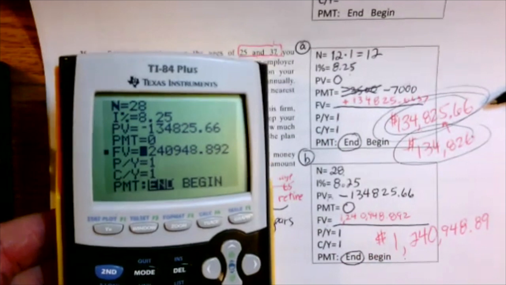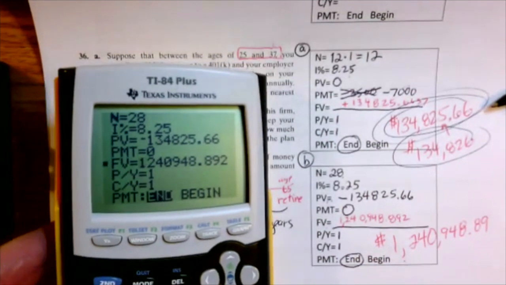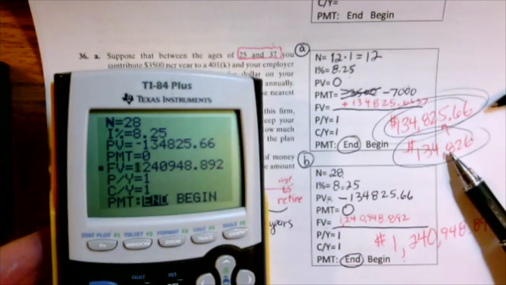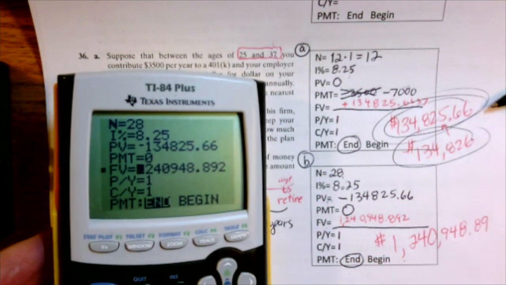So if you don't even work after age 37, by the time you're 65, you will have amassed $1.2 million in that account. And 20 years earlier, it was only at $134,000. Again, this is nice enough money that you can pay yourself $6,000 or $7,000 every month for the rest of your life, and you'll still have money left.